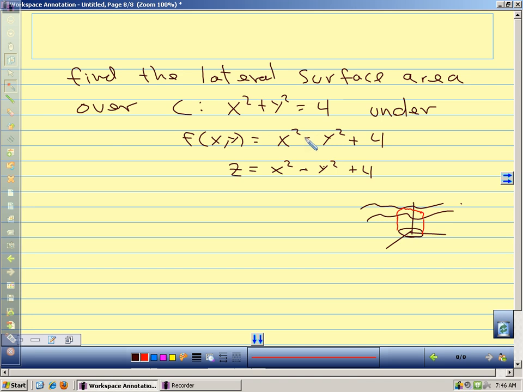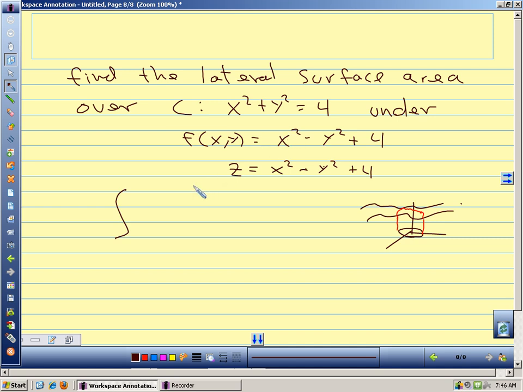We do the integral of the z, and the bound is the circle. So we're going to integrate z, right?